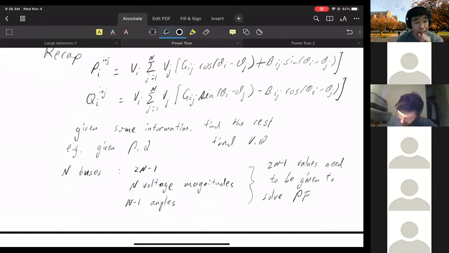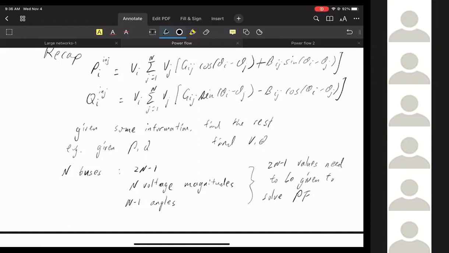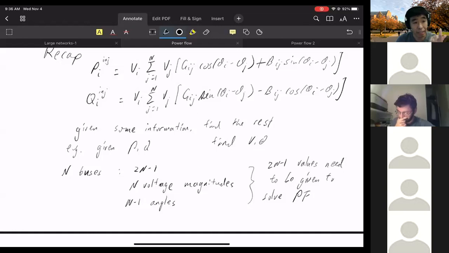The important thing to remember is that for the angles, all we care about is the angle difference. So you can always set one of the angles to be 0, since a global shift in the angle does not impact power flow. So that's n voltage magnitudes and n minus 1 angles. Any questions about this before we go on?